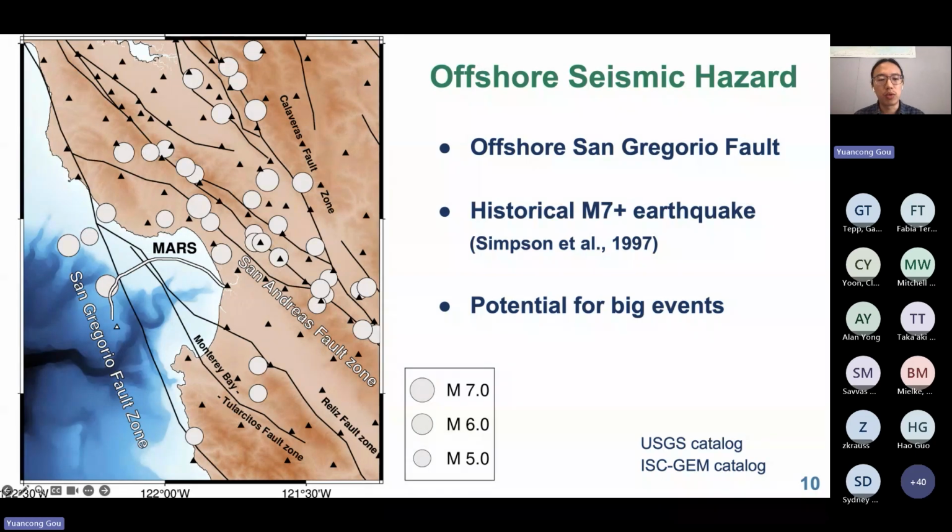Some recent studies suggest that if you connect the San Gregorio fault all the way to central California and it all ruptured at the same time, it could have potential for some big events. Here I'm plotting all of the magnitude 5 plus historical earthquakes on the map. You can see there are some offshore earthquakes here, and this is the Loma Prieta earthquake.